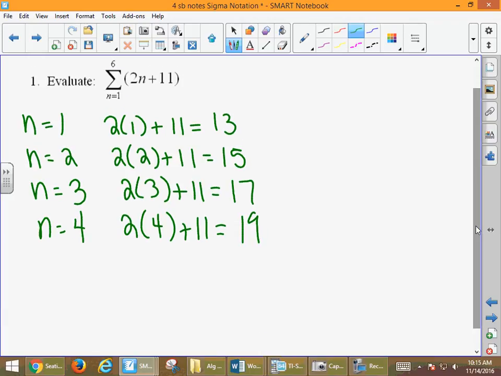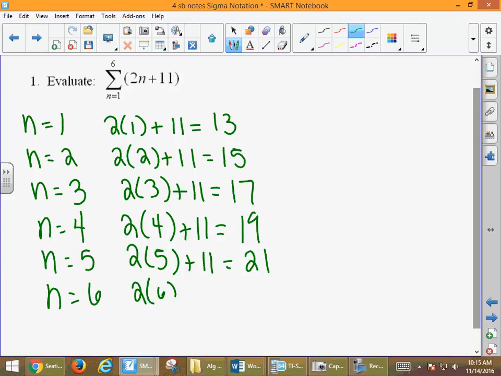Our fifth term in the sequence is 2 times 5 plus 11, which is 21. And finally, our sixth term in here is going to be 2 times 6 plus 11, which is 23.